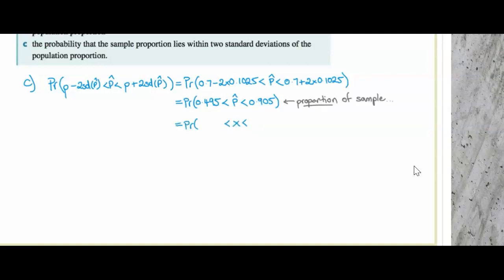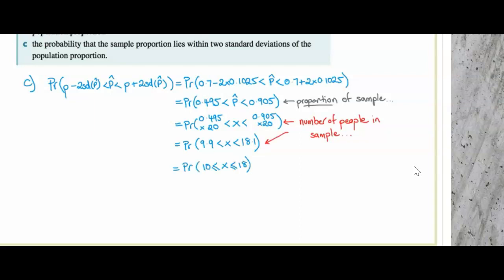The next step is to turn that proportion into a value which represents the number of students. So 49.5% and 90.5% of the 20 in our sample work out to be numbers that are greater than 9.9 and less than 18.1. So we want 10 or more of them to be attending school, up to and including 18 of our sample.